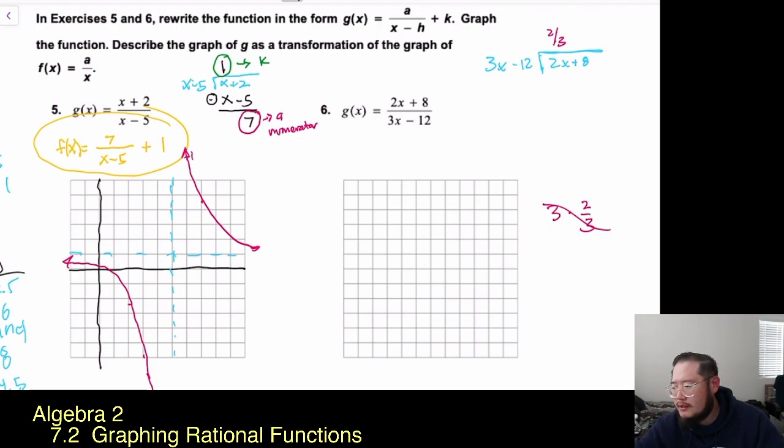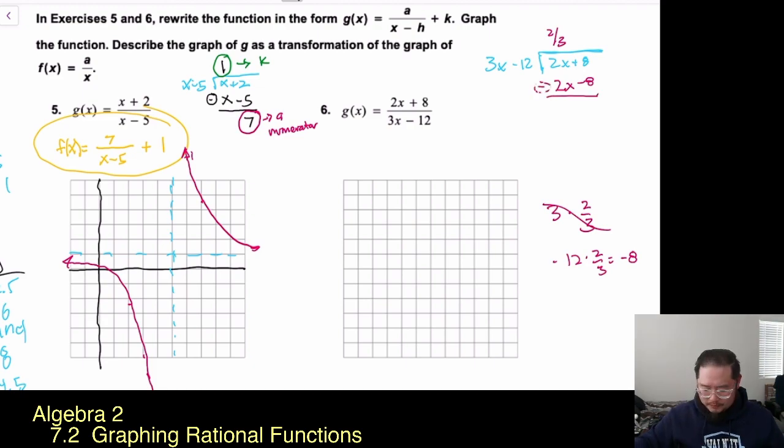We got 2x. And then 2/3 times -12 gets us -8. So I'm going to put -8. And remember, we are subtracting. And so 8 minus -8, that becomes 16.